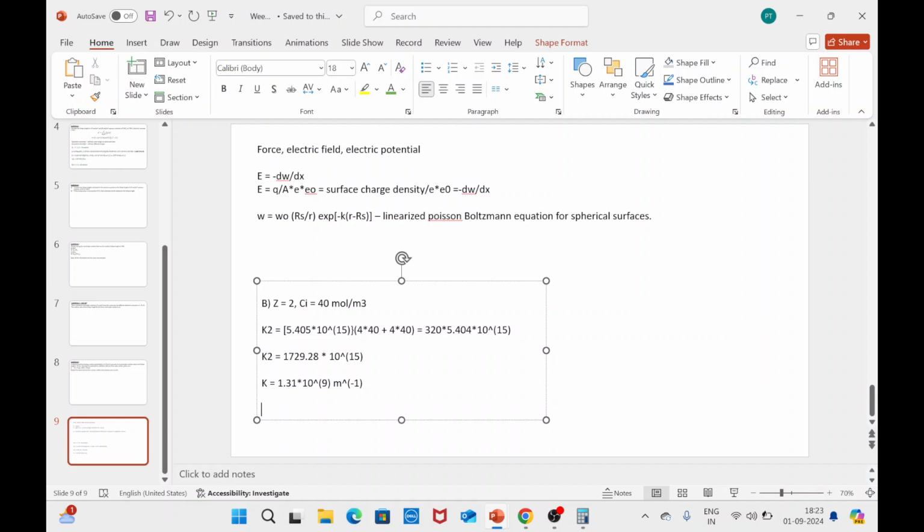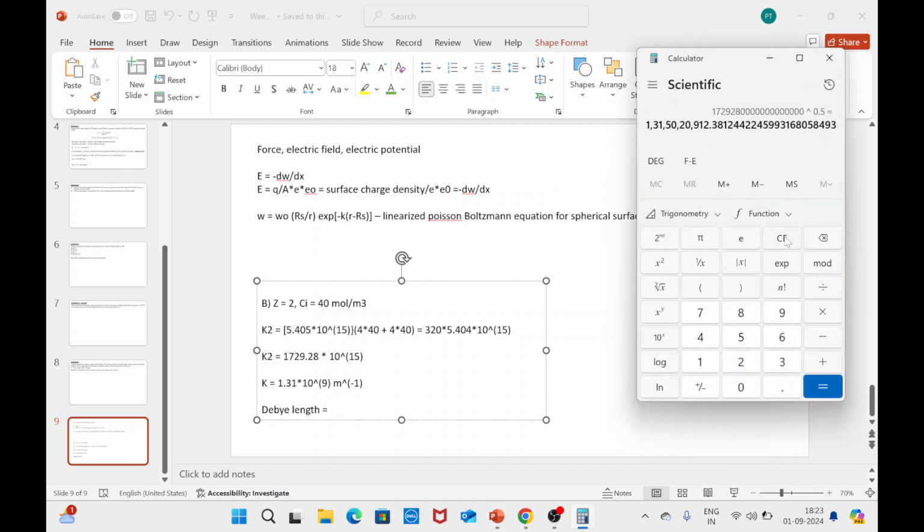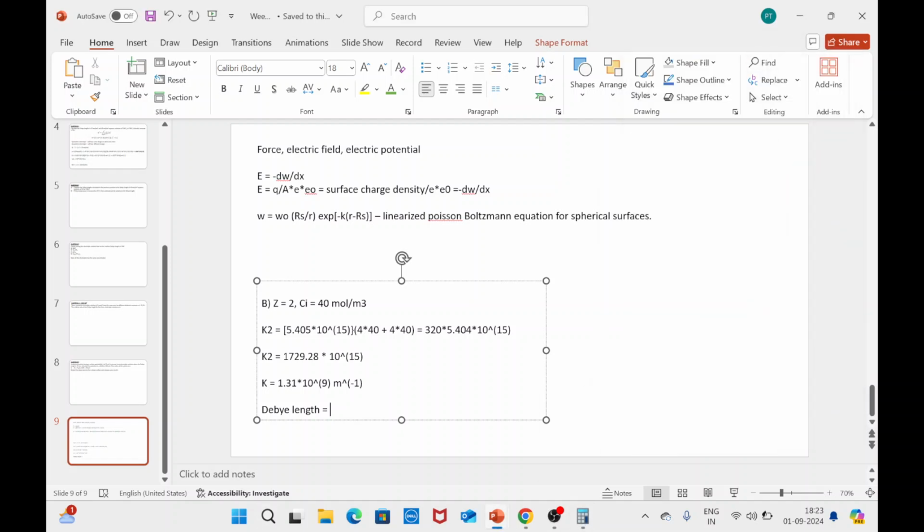Now, the inverse of kappa gives the Debye length. So the Debye length value is the inverse of this. So that will be 0.76 nanometers, or 7.6 times 10 to the power minus 10 meters.